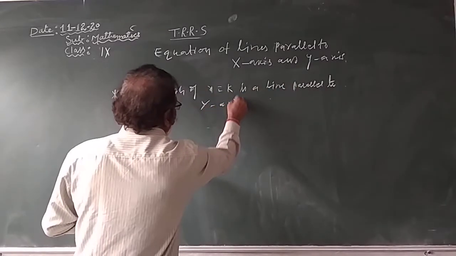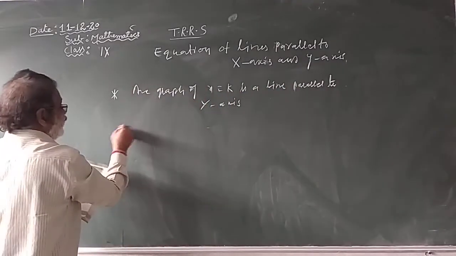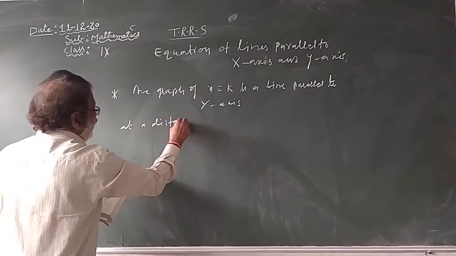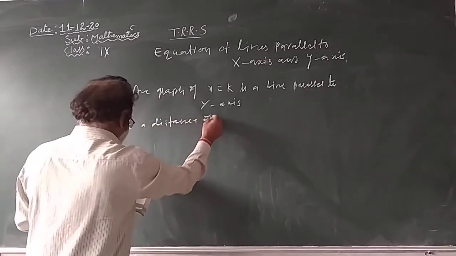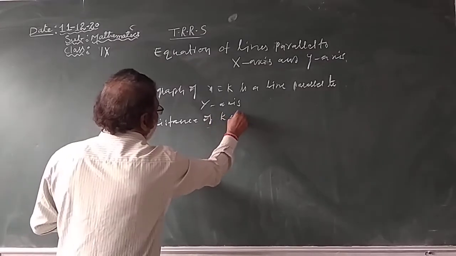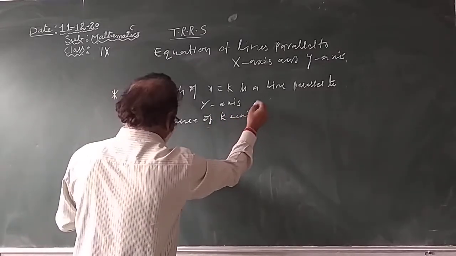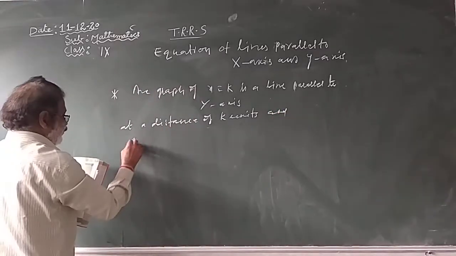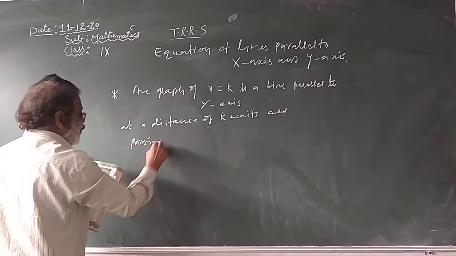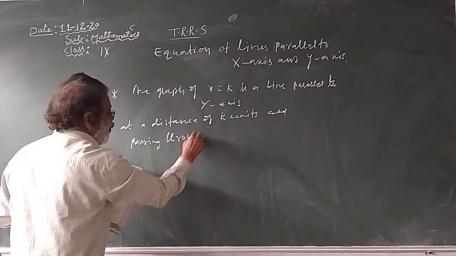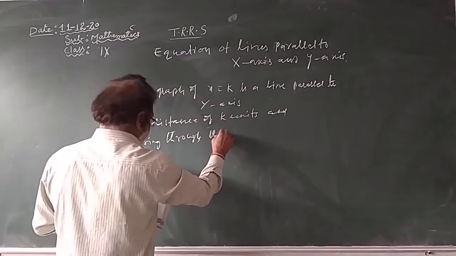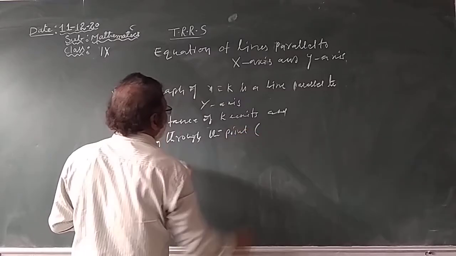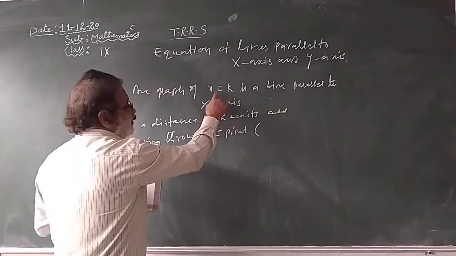So the graph of x equal to k is a line parallel to the y-axis at a distance of k units and passing through the point x equal to what? k.